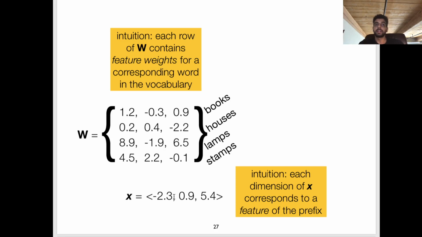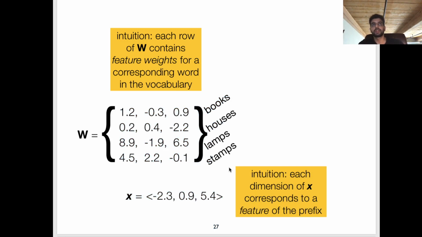So, for example, if this was negative 2.3, it looks like, for lamps, this is assigning high importance to this feature versus something like houses, where this value is fairly low. Now, you can't necessarily interpret these things in this way. I'm just giving you some intuition, but certainly the rows here correspond to specific words in your output vocabulary.